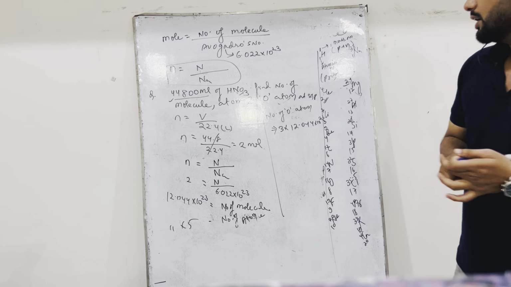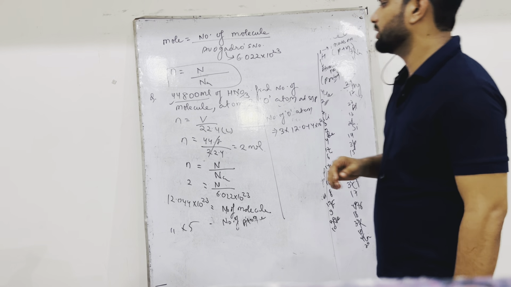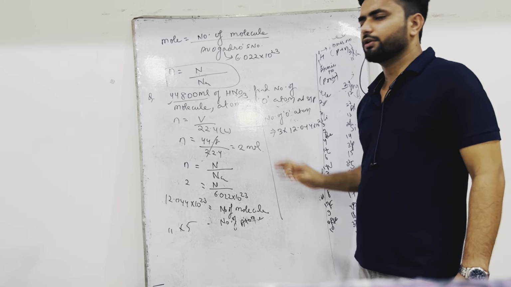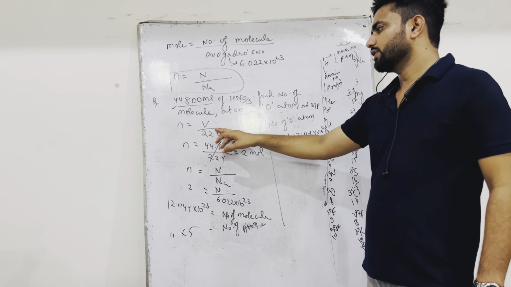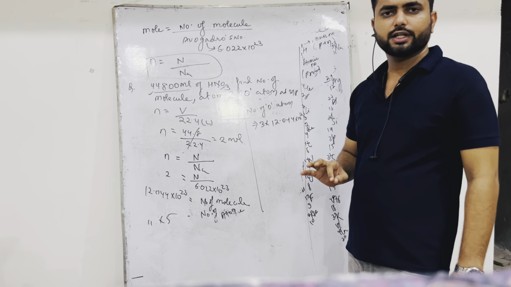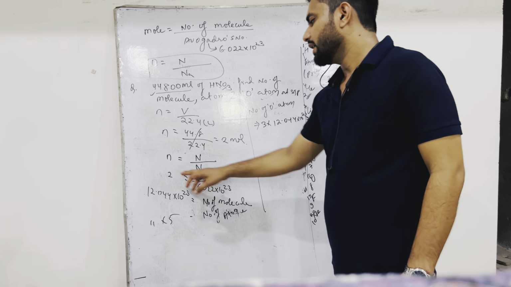So how do we solve this problem? 44800 ml of HNO3. Find the number of molecules, atoms and oxygen atoms. N is equal to V upon 22.4, V is 44.8 liter divided by 22.4. After solving this, we will get 2. And N is equal to number of molecules upon Avogadro's number, N is 2.